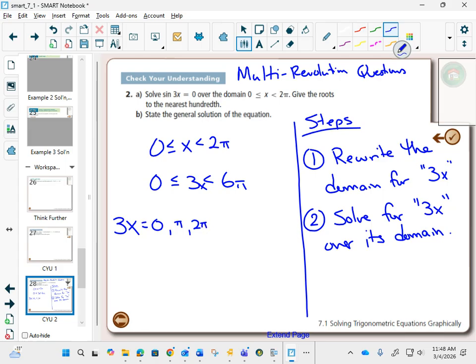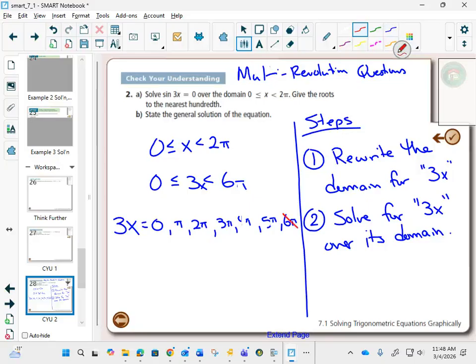How many times do we have to go around our circle? Up to 6 pi, 3 times. So we'd also have 3 pi and 4 pi, that would be the second time around. The third time around would be 5 pi and 6 pi. But this is where the textbook got a little bit mean.